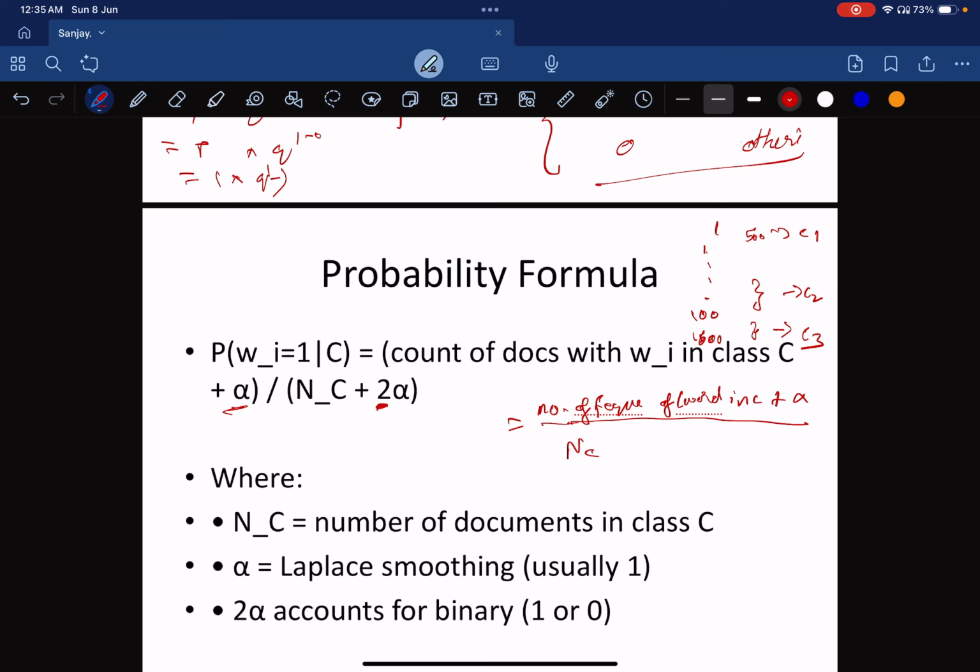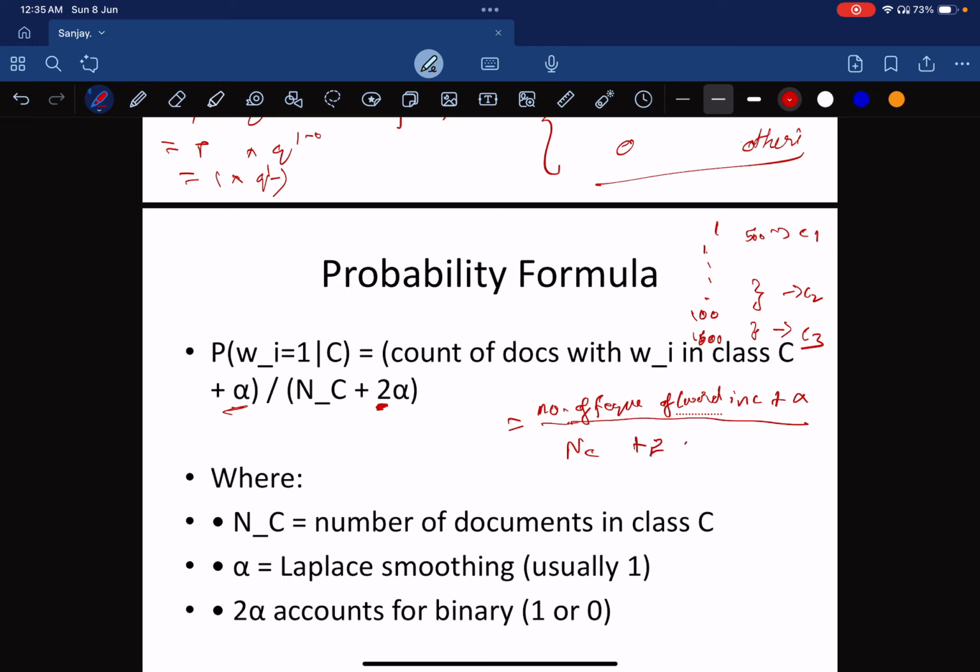And 2 is multiplied with alpha. You know that alpha is Laplace smoothing, and the reason here is 2 is because it's Bernoulli's binary features, right? It's either 0 or 1. So we multiply with 0 plus 2 alpha.